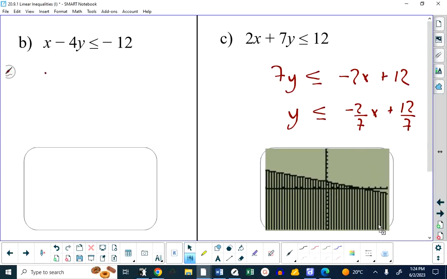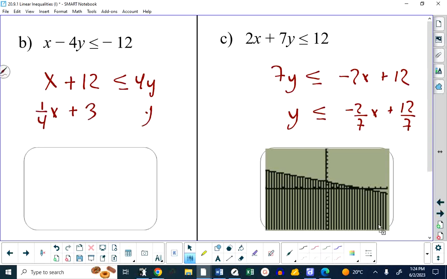With B, of course, you have to move the 4y over to make it positive, giving us 1/4 x plus 12 over 4, which is 3. Are we going to shade above or below? Craig, what do you think?